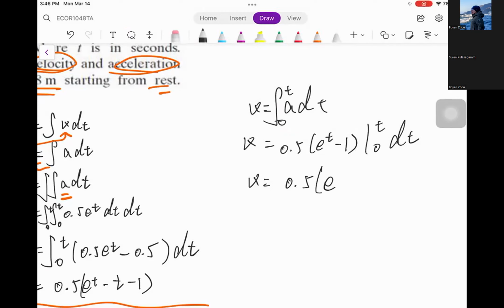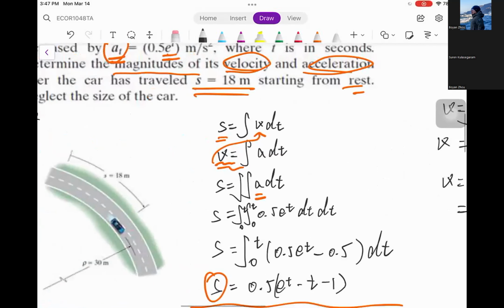We found t that is 3.7064, so e to the power of 3.7064 minus 1. So this one is going to be 19.85 meters per second.